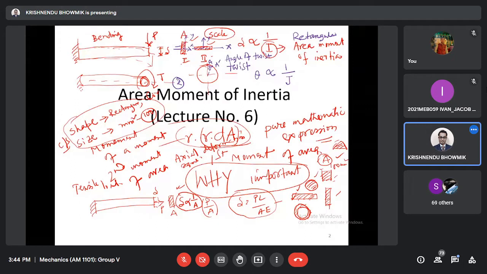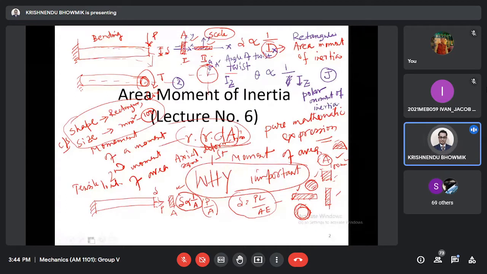Somebody may write IZ, it's fine. If you write this as IX, then this one you write IZ. I'll show you. This is the polar moment of inertia, and sometimes it is denoted by J.